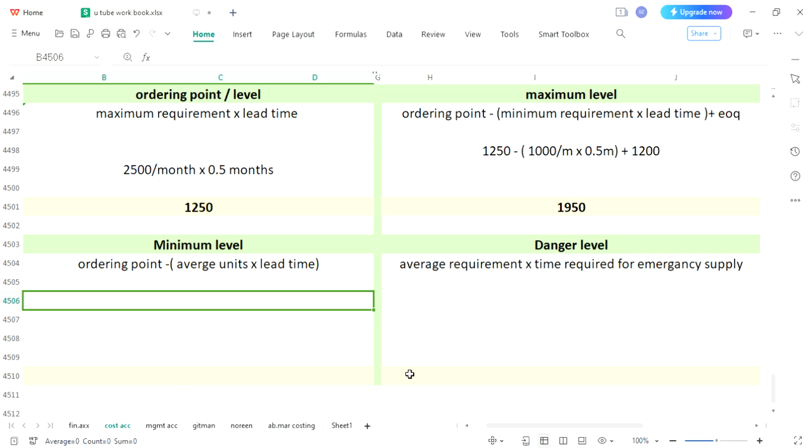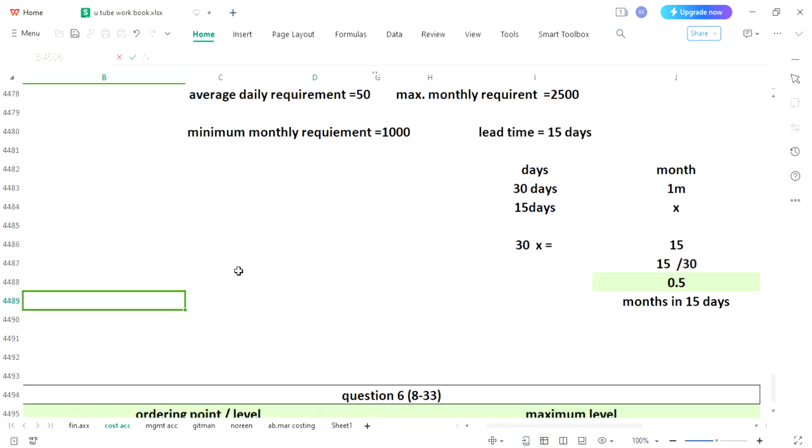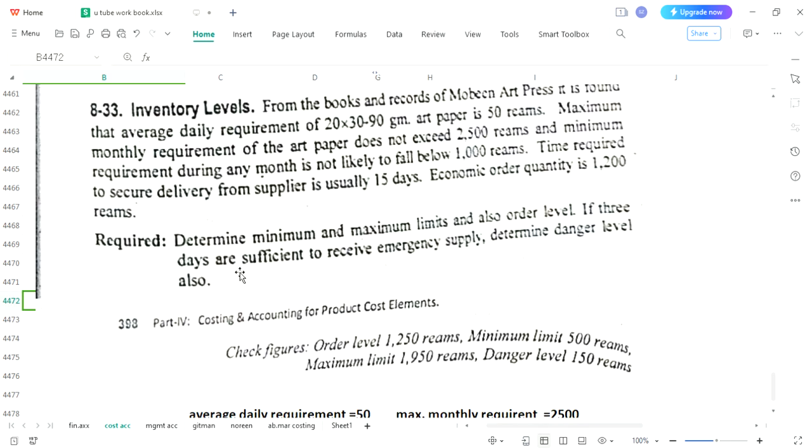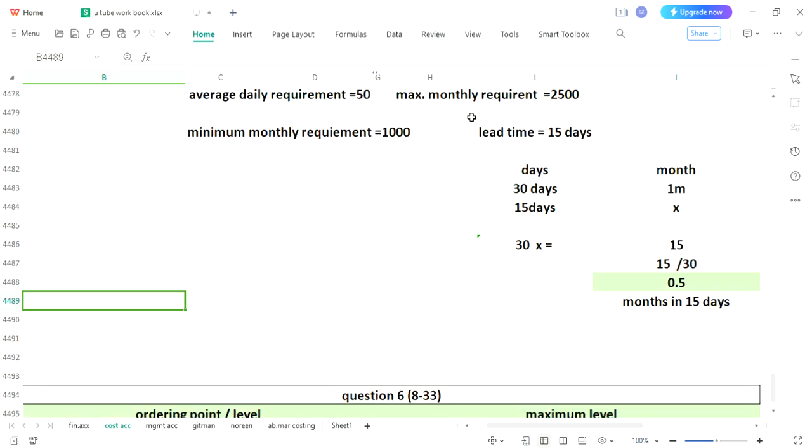Here we do need ordering point, which has already been calculated. Your ordering point is 1250, and then you need to subtract, open your bracket. We are following this formula, average units. So average units are, average daily requirement is 50 reams. So again we'll have to do something.